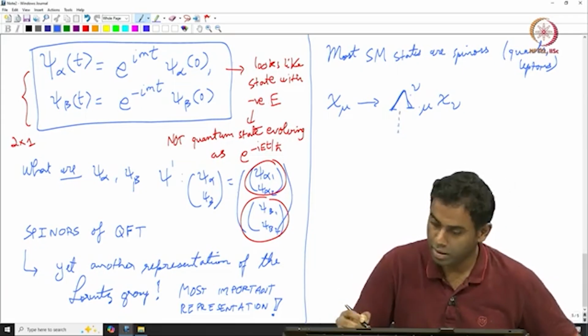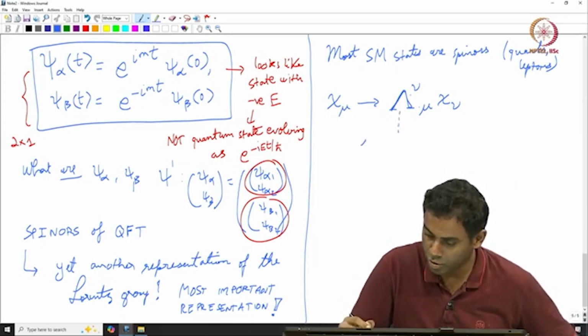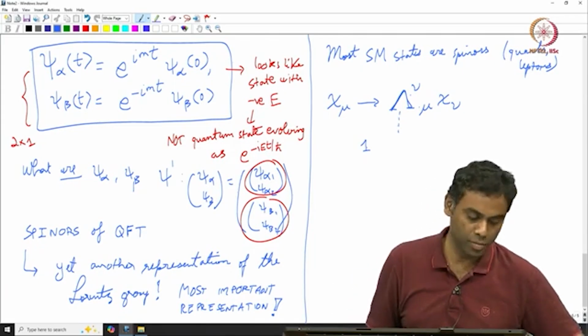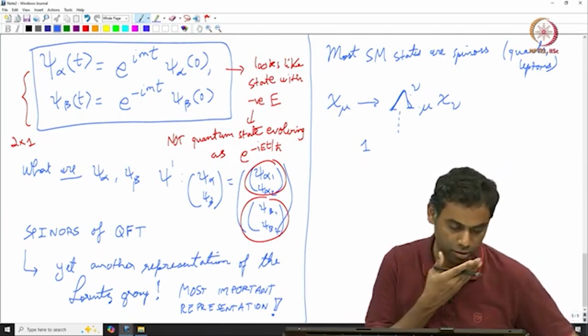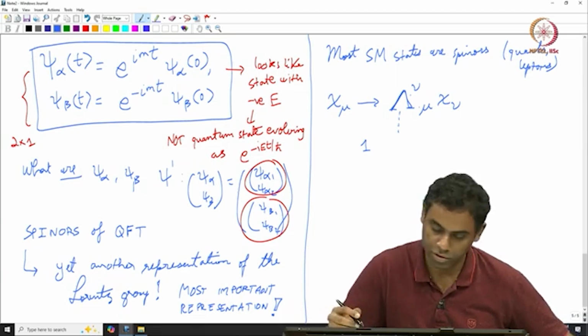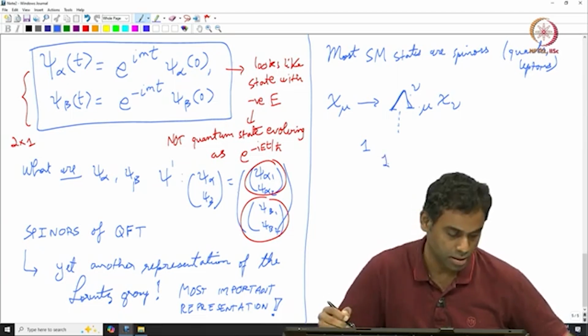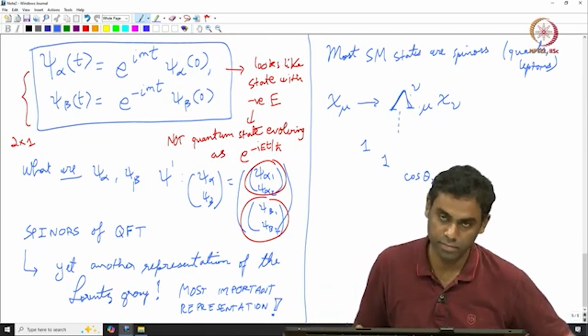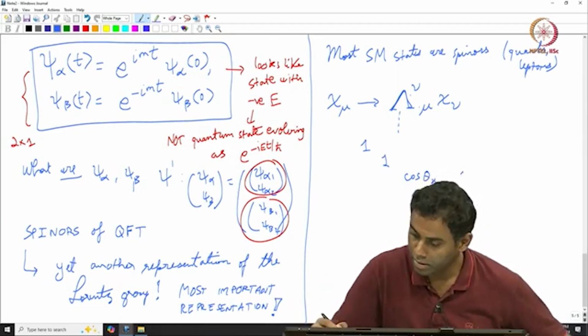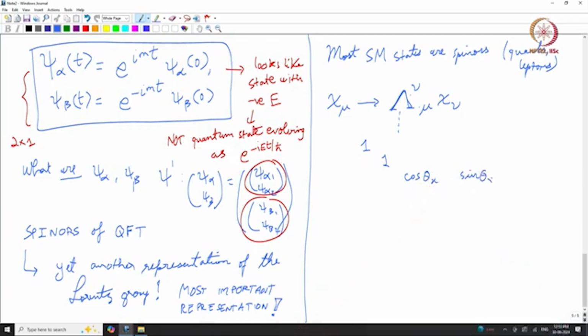because this is a rotation in the yz plane, I am going to write a rotation in the yz plane, so that I can call the rotation angle some theta x. So I have cos theta x, sin theta x, minus sin theta x, cos theta x.